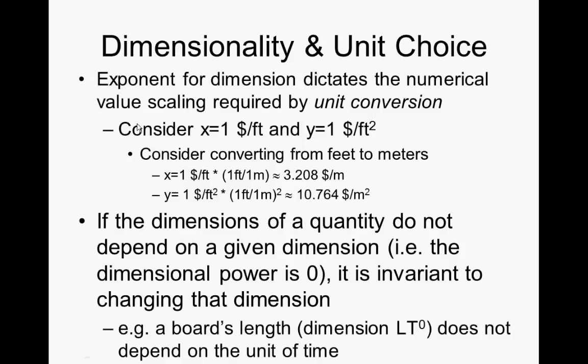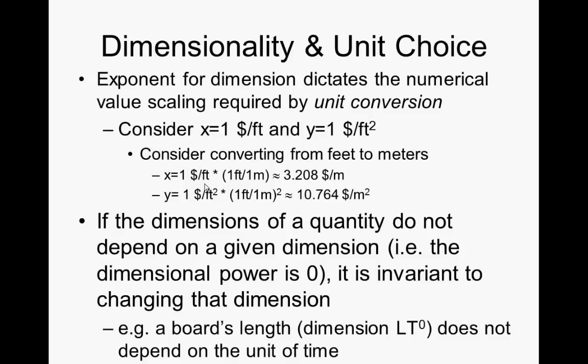So if I have something like dollars per foot, and I want to convert it to dollars per meter, because I'm shopping for lumber or maybe I'm talking about the dollars to build a subway, then I have to multiply it times the number of feet per meter. But if I'm dealing with dollars per foot squared, I have to multiply it times feet per meter, quantity squared, which is 10.7864.